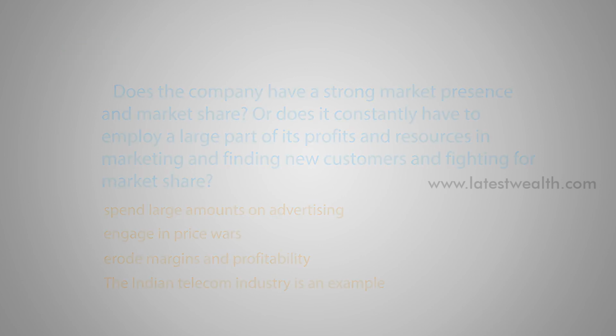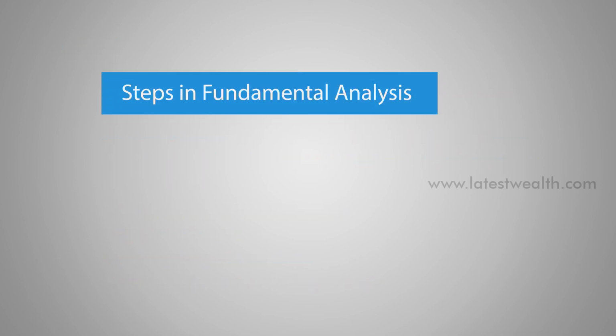My dear friends, let us go into the steps of fundamental analysis. In coming episodes, we are going to cover how to do fundamental analysis. One is macroeconomic analysis, which involves analyzing capital flows, interest rate cycles, currencies, commodities, indices, etc. Next is industry analysis, which involves analysis of the industry and companies that are part of the sector.